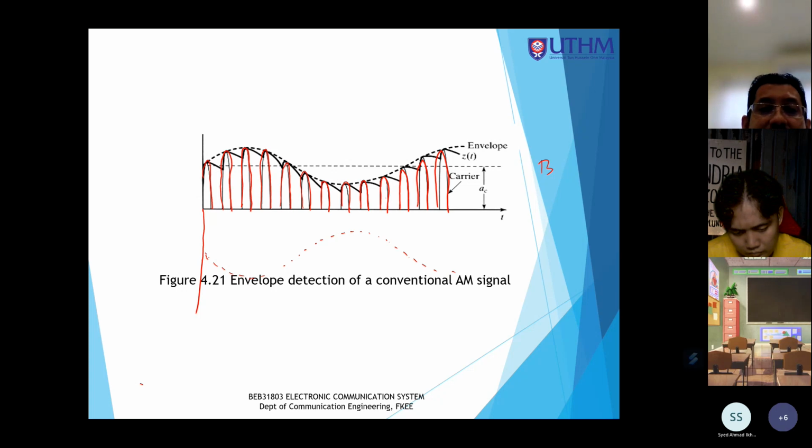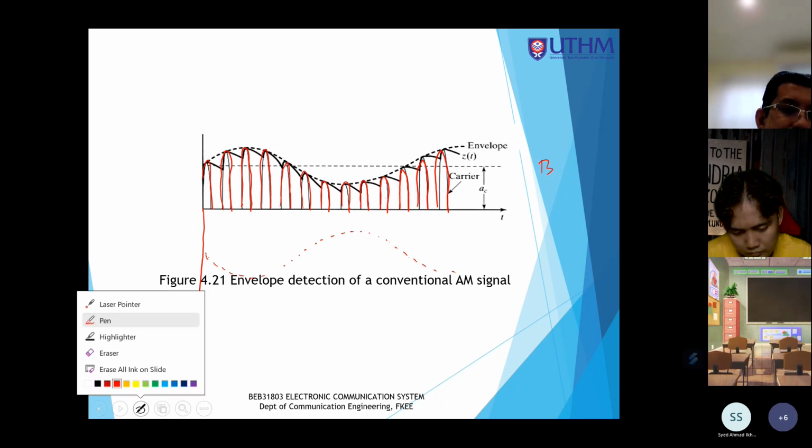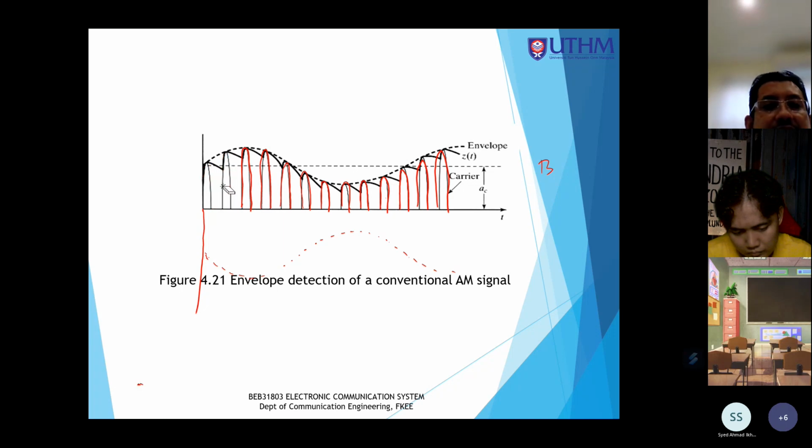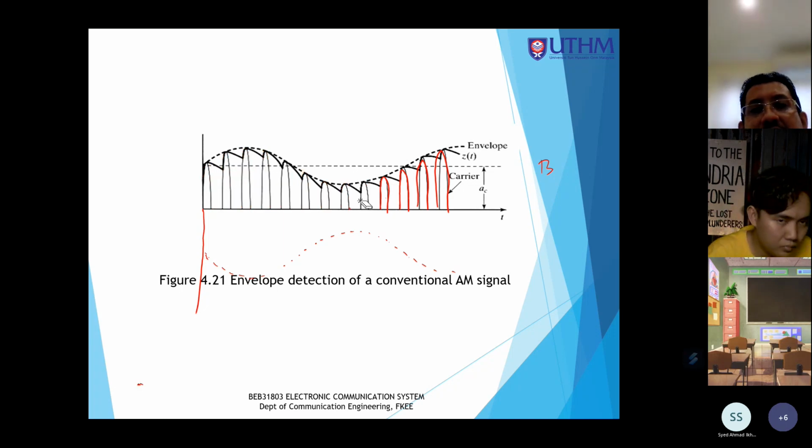So what happened after at point C? Okay, so I will show you what happened at point C. So since RC tank circuit is like a battery, dia seperti bateri yang mana dia akan membantu output tadi supaya sentiasa dia punya amplitude itu sentiasa tinggi, dia akan cuba membantu supaya amplitude itu tinggi.